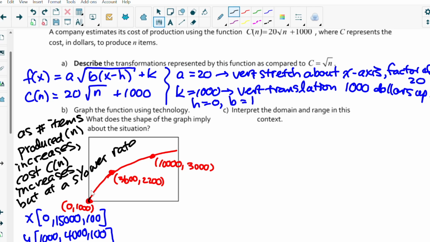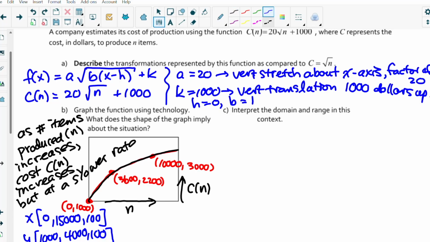And that's what this curve implies, where it curves down like that. So as we increase the number of items produced, the cost increases, but at a slower rate because it curves down.